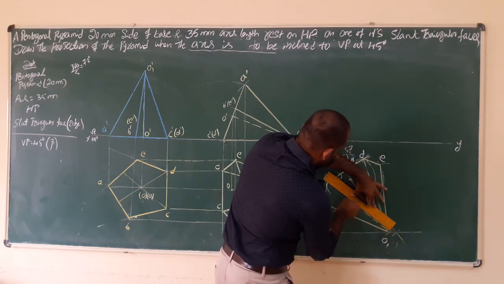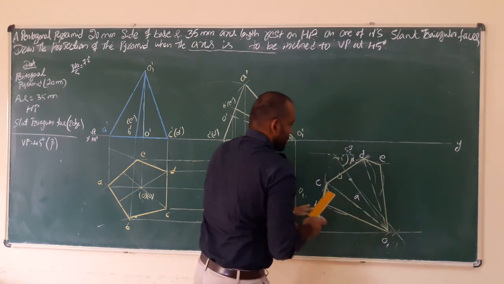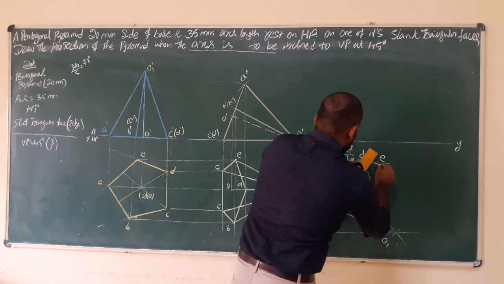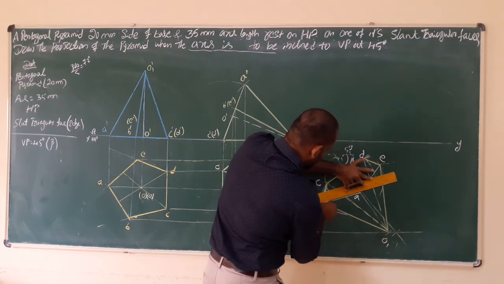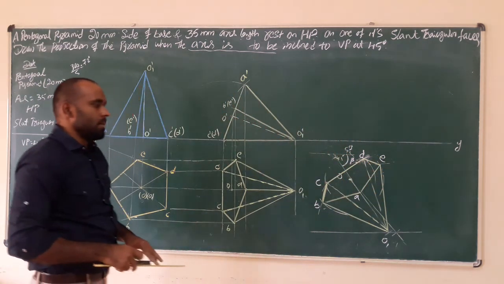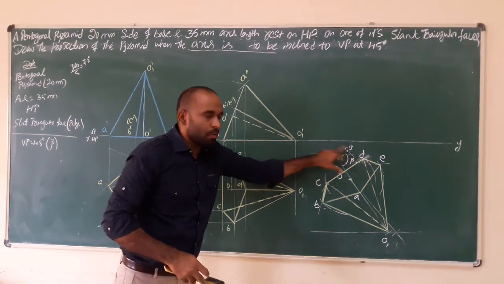C is a dotted line. Next E to A, B. That is also you have to incline 52 degree.